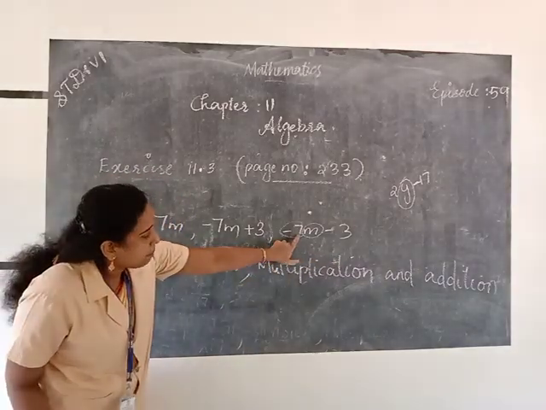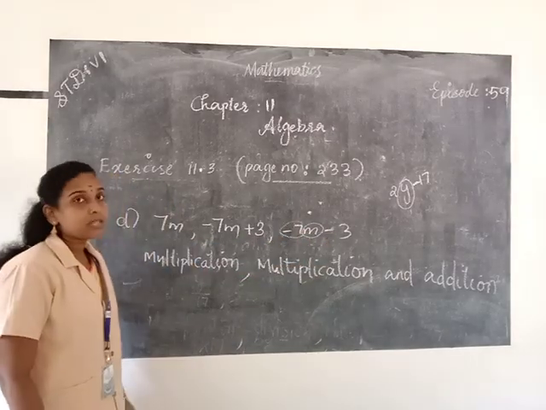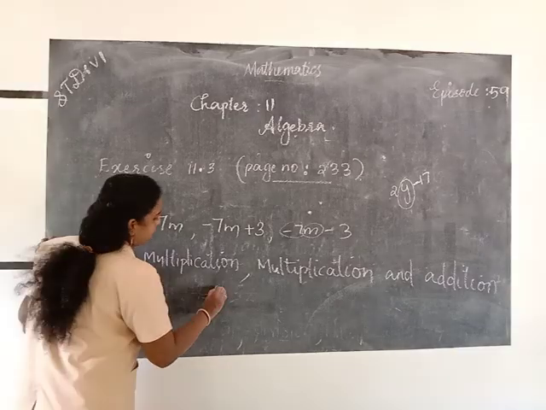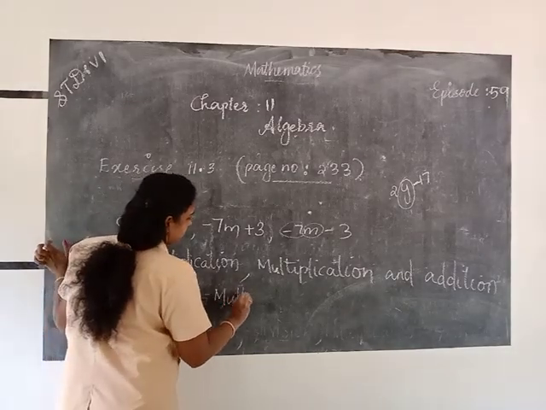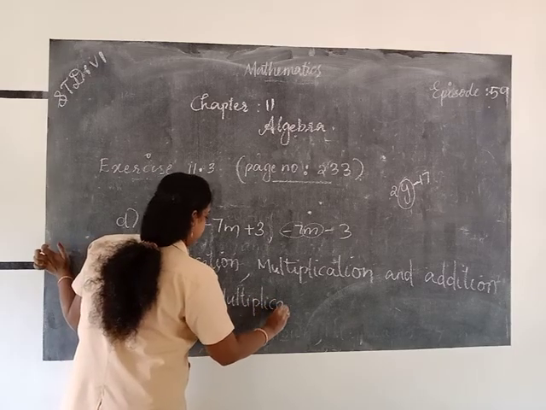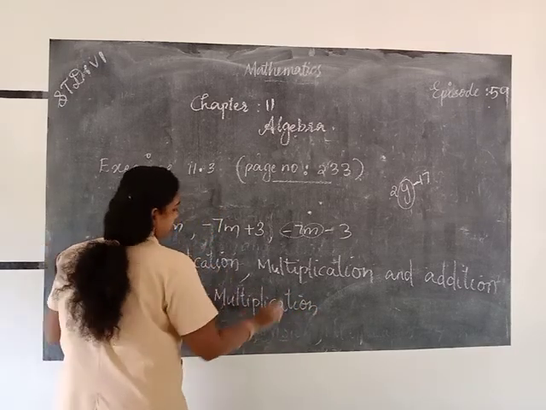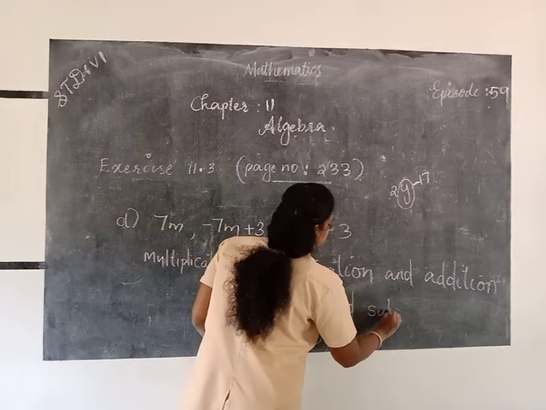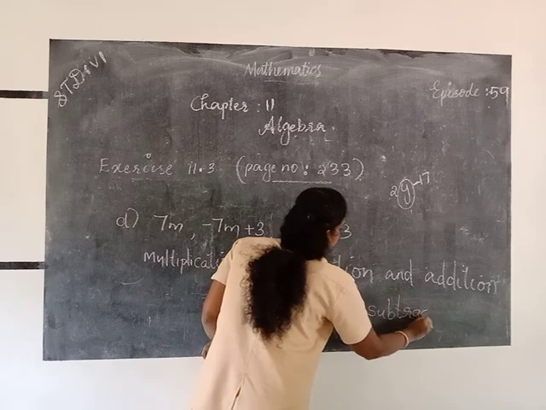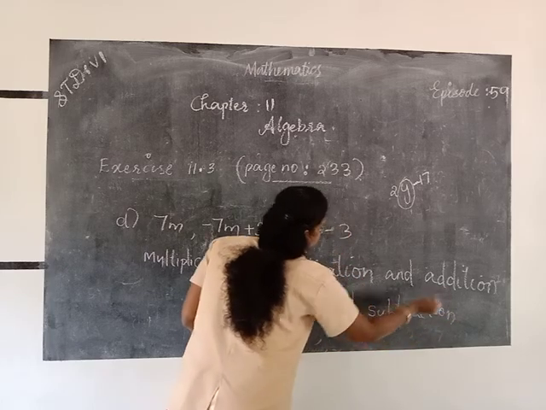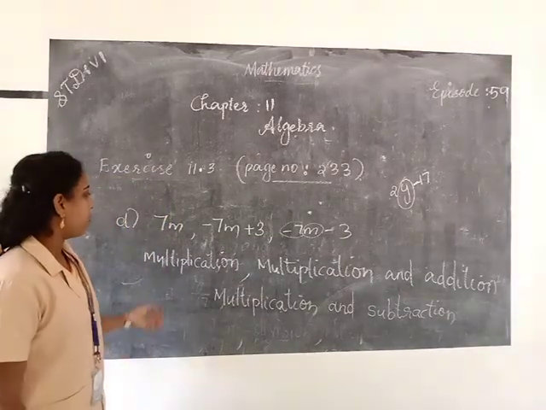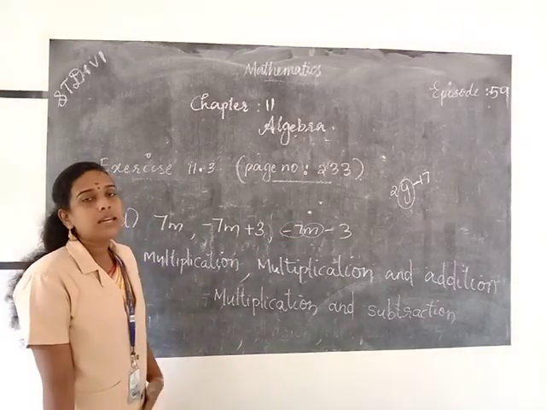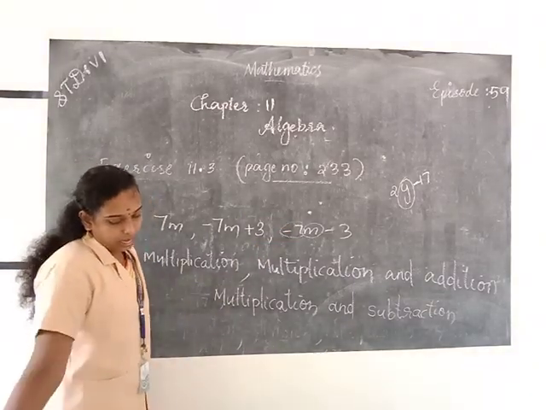So here the operation is multiplication and here it is subtraction. So the operations are multiplication and subtraction. So here the given operations are first one multiplication, then multiplication and addition, then multiplication and subtraction. Then the next question.